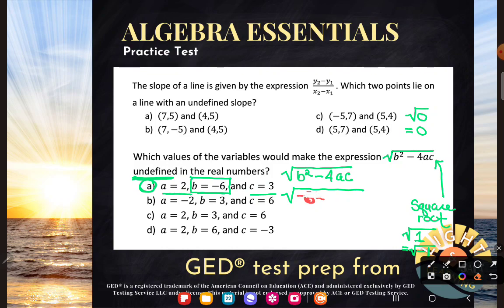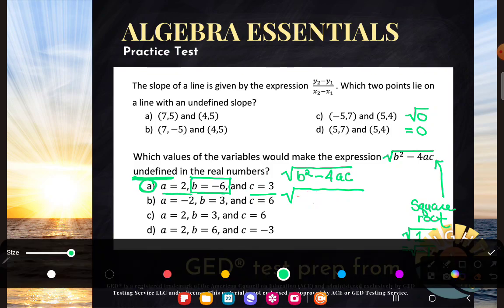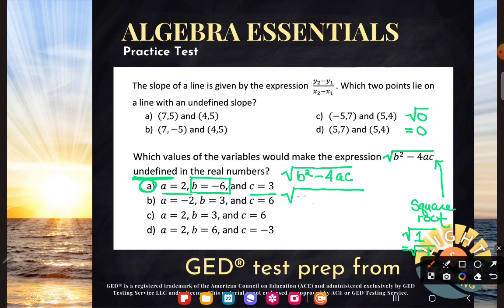So let's erase this -6 squared. You have to put the negative number into parentheses, like this, -6, and then close the parentheses before you square it, or you're not going to be including the negative in the squaring process. So -6 squared, and then I have my -4, and then my a is 2, and my c is 3.